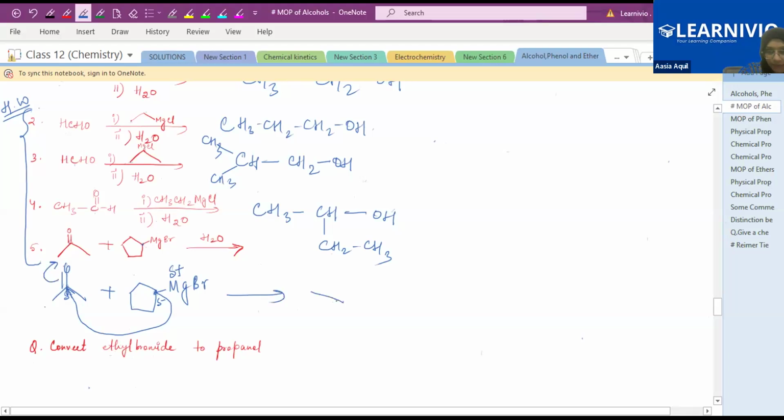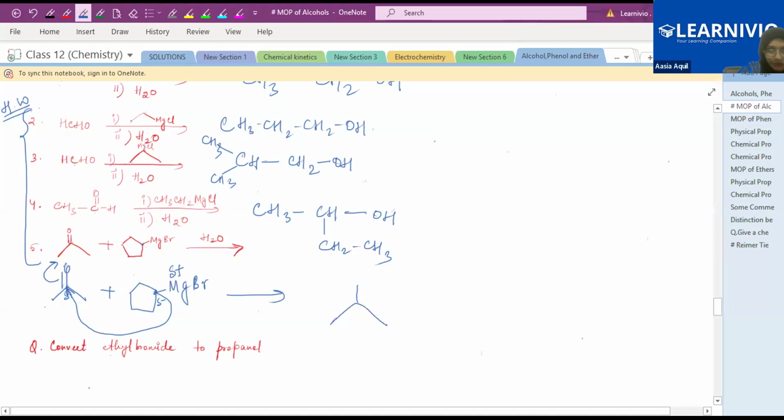This CH3, right? This carbon. Okay, just a second. Let me show it like this. Okay, so what you will get is this whole thing.